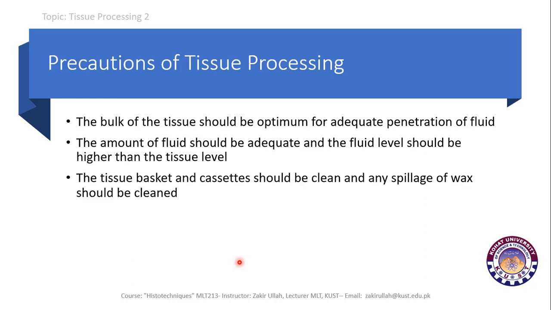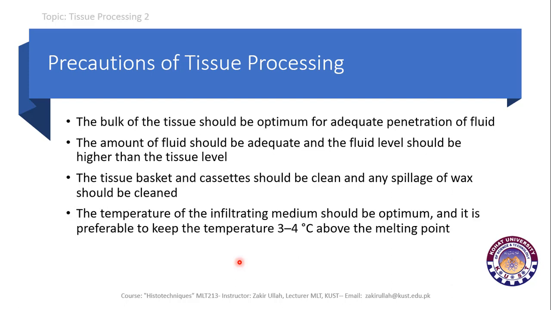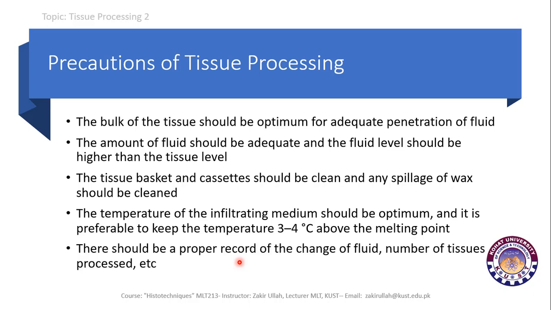The tissue basket and the cassette should be clean and there should be no spoilage of wax. The temperature of the infiltrating medium should be optimum, and it is preferable to keep the temperature slightly higher than the melting point so that the wax becomes completely melted and it is easy to infiltrate the tissue for the embedding process.